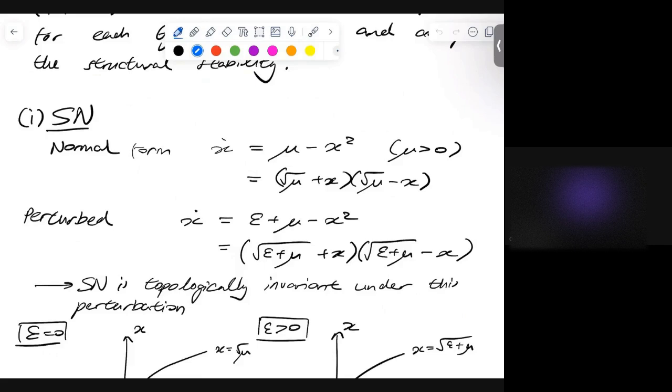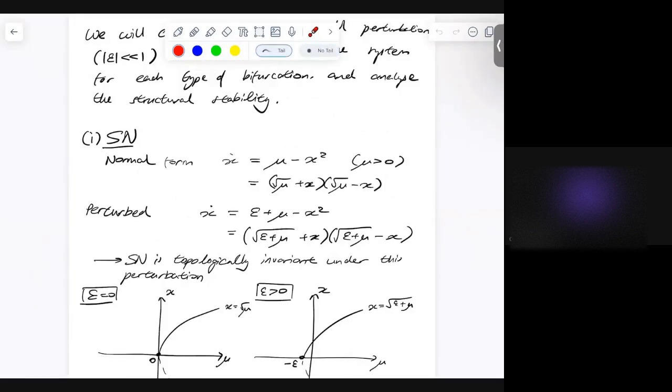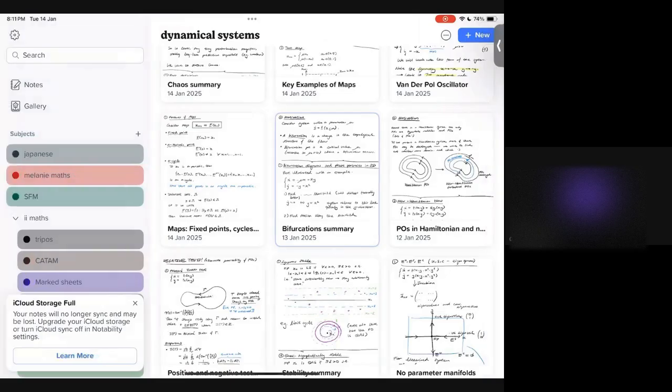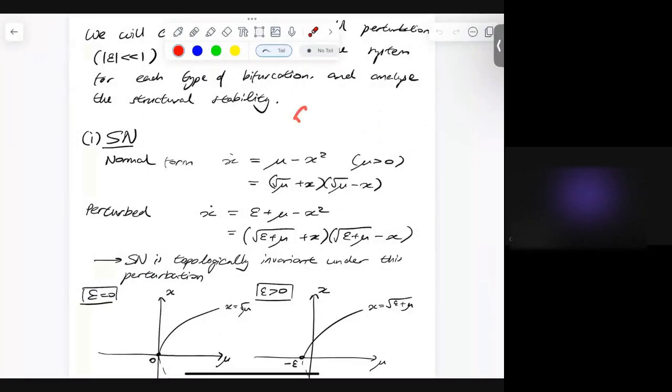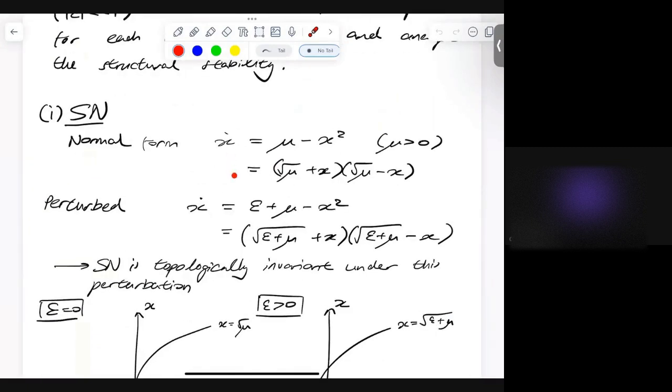And so we can see from this that if we wanted to find the fixed points, so where x dot is equal to 0, hold on, my laser's not working. There we go. Yeah, so we wanted to find the fixed points where x dot is equal to 0.